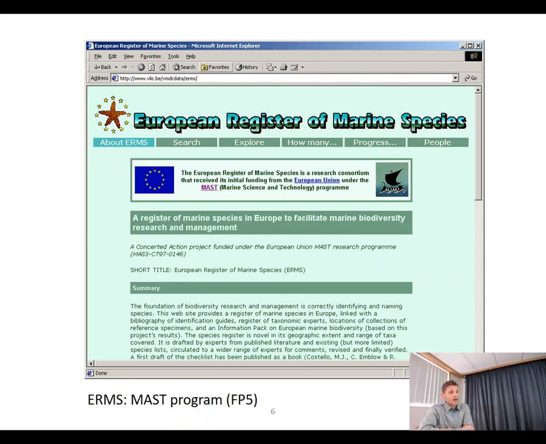The final result of that project was a checklist of marine species occurring in European waters, but it was only available as a checklist. At that time the data center of VLIZ proposed to also integrate this checklist into the Aphia database engine, which was being developed at that time.